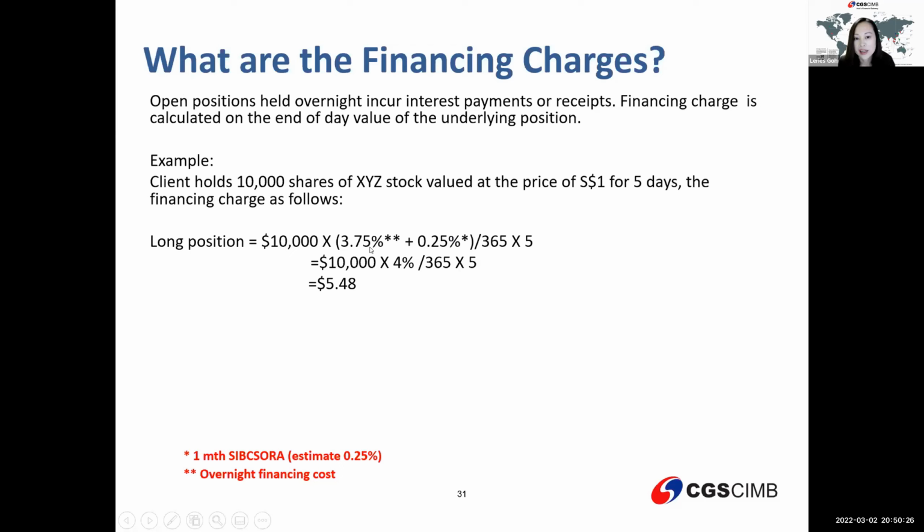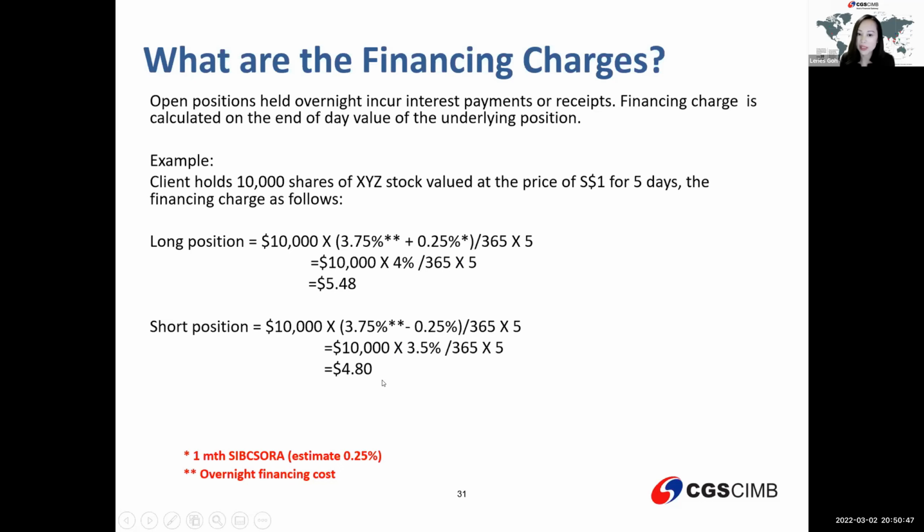Okay. So 3.75% plus 0.25, that is about 4% per annum. Okay. And then times the contract value. And then because I hold it for 5 days, you divide by 365, so the long position financing, I'm going to pay $5.48.